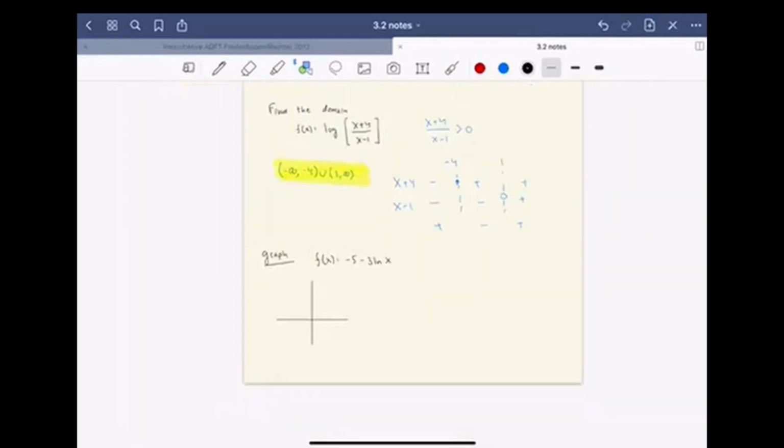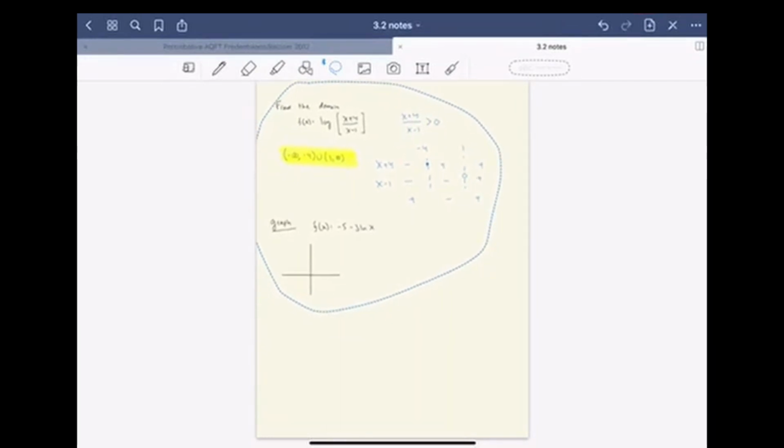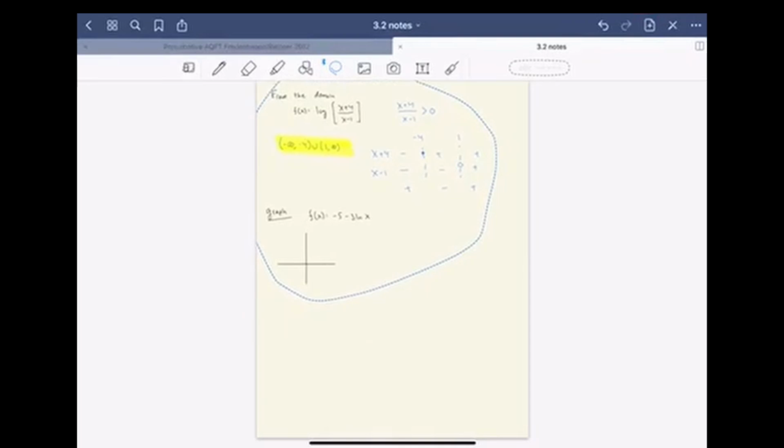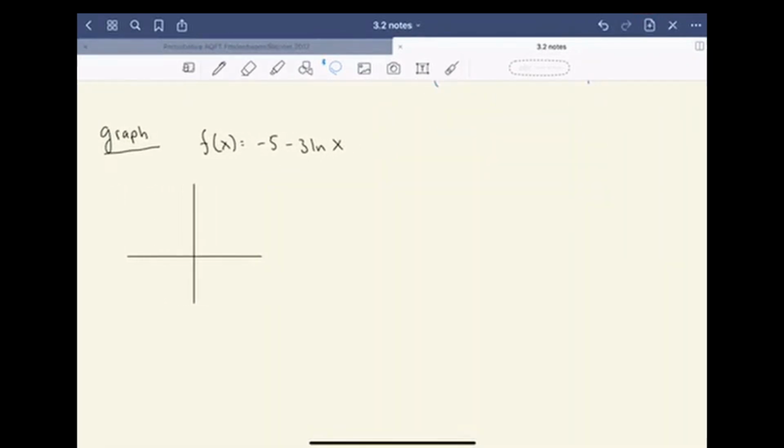Oh, running out of space already. That's because for whatever reason I'm halfway through the page. So let's move that up. Okay, so graphing -5 minus 3 natural log of x.